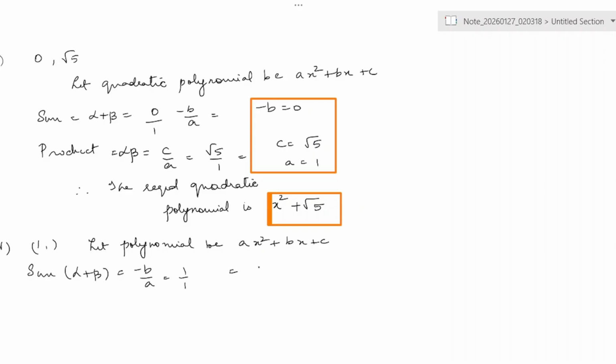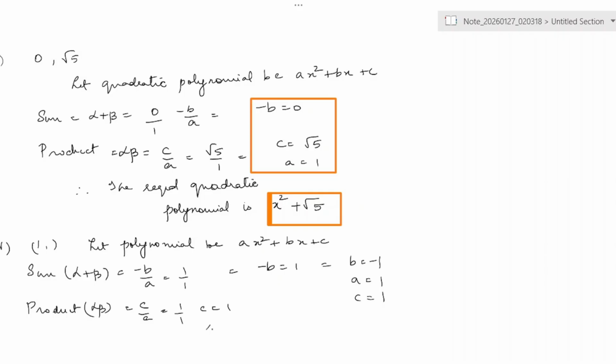So minus b is equal to 1, which implies b is equal to minus 1. So a is also 1. Then product alpha beta is equal to c by a, that is also 1 by 1. So c is equal to 1.